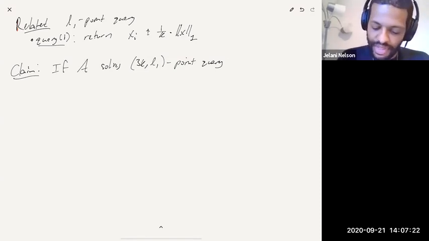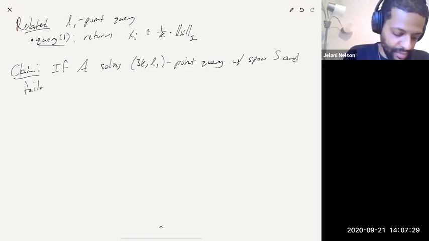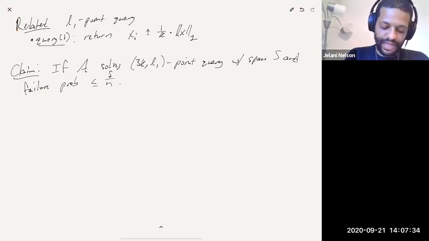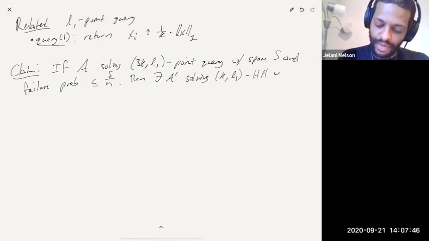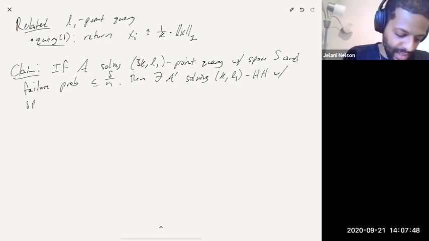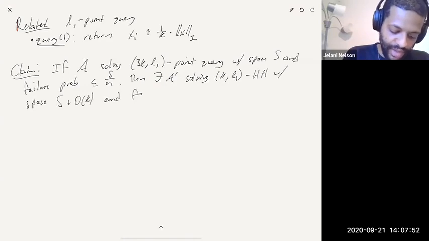So suppose it solves this with space S and failure probability at most, let's say, delta over n, where n is the universe size. Then there exists an algorithm A prime, solving the k L1 heavy hitters problem with, let's say, space S plus O of k and failure probability at most delta.